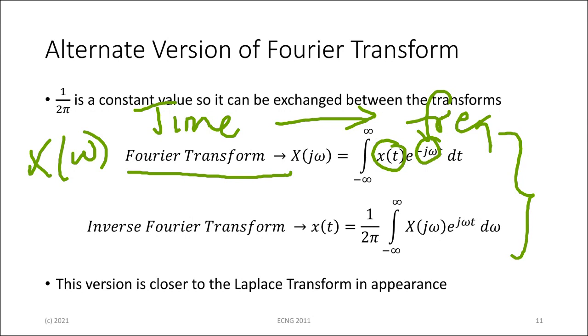The inverse transform takes the frequency domain result, you multiply it by e to the plus j omega t this time, and you integrate, and you come back into the time domain. If you have complex numbers, then of course you have complex integration. In the case of the Laplace transform, it's a little more complex, so we generally don't do that as a routine. We tend to use lookup tables and the like.